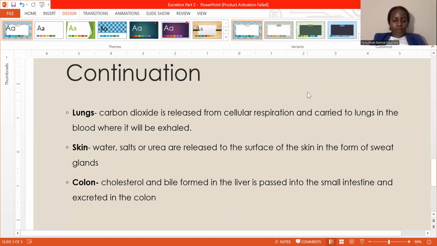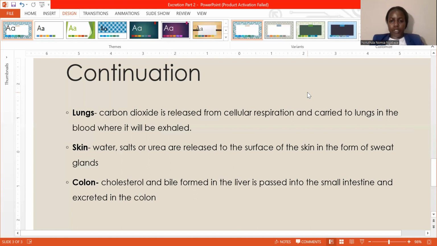So this all comes down to, going back to the liver, we did say, guys, that the liver is not an excretory organ, but it is going to use another organ in order for it to excrete its nitrogenous waste. So looking at this, you can now see that the liver can either use the kidneys or it can use the colon in order for it to excrete whatever nitrogenous waste it will have produced.